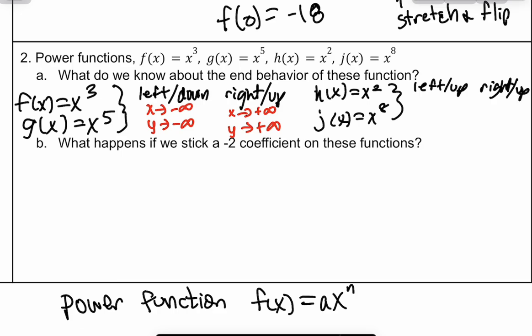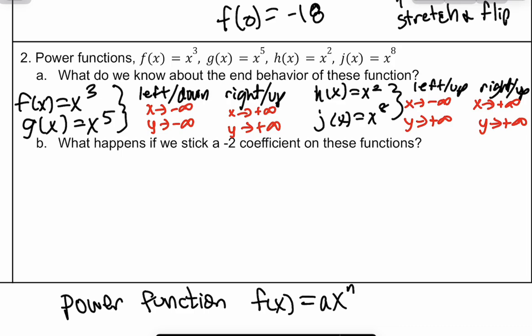They're both going to go up. Now let's write that more formally. How do you say mathematically that left has gone up and right has gone up? Left is always x goes to negative infinity, and y is going up, that's positive infinity. X is going to the right, that's always positive infinity. Y is going up, positive infinity.